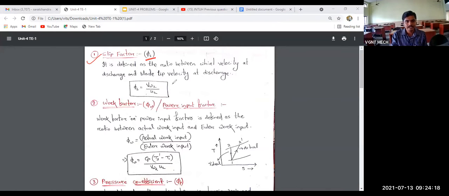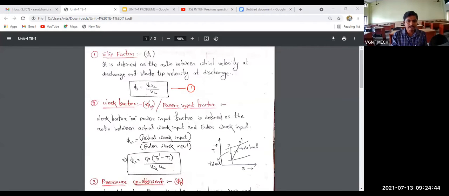The formula of slip factor is VW2 by U2. VW2 is called wheel velocity and U2 is called blade tip velocity. This is one formula you have to remember, because while solving the problem we require it.